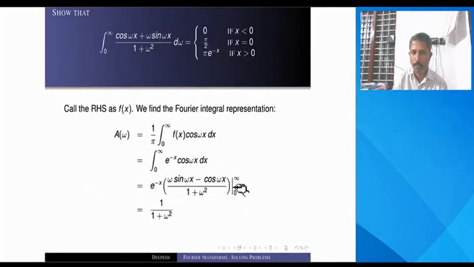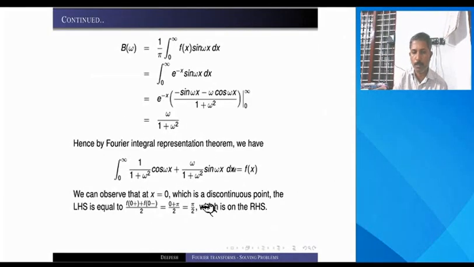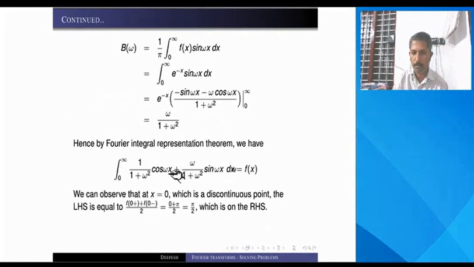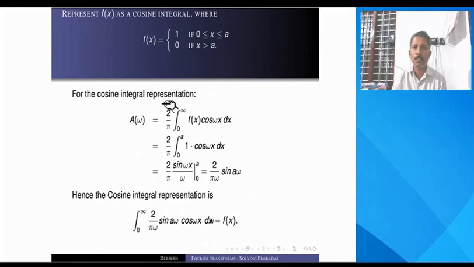If 10 is written here, instead of that it will be pi by 2. Of course what I am saying is the integral representation is this, but this may not be true always. It is guaranteed to be true only for the continuity points. So for a discontinuity point it is better to check using the right hand limit and left hand limit of the function. Now we go for another problem.